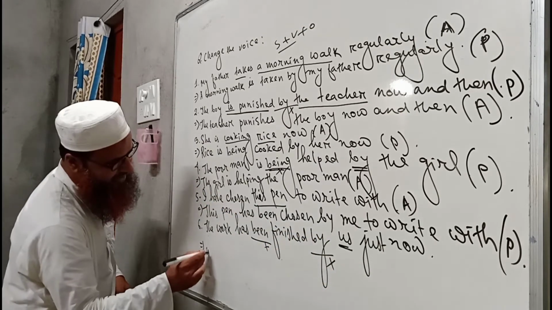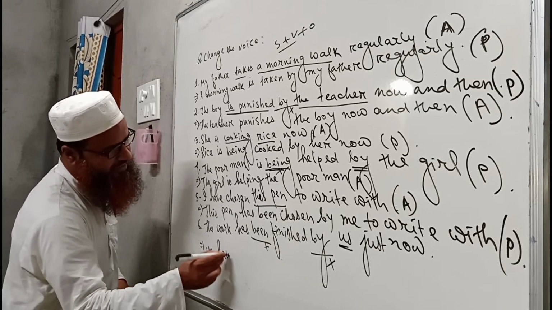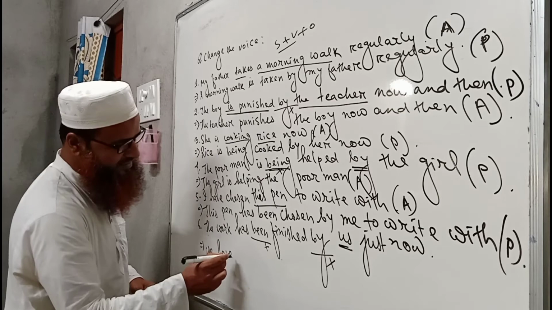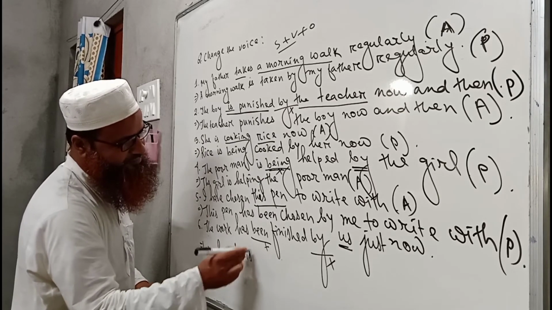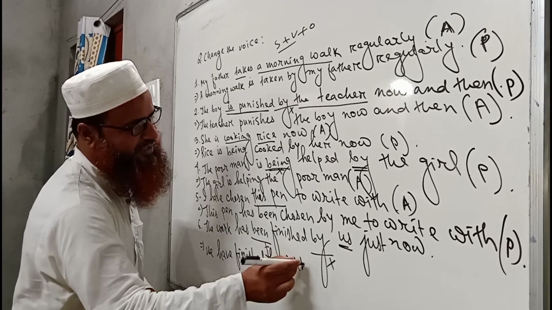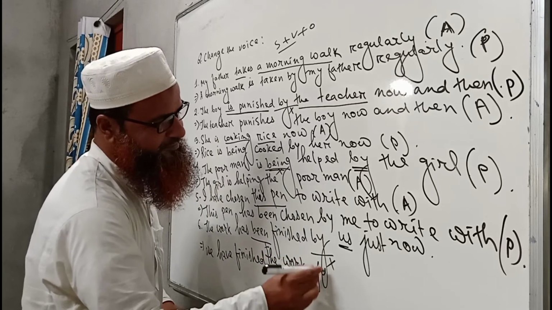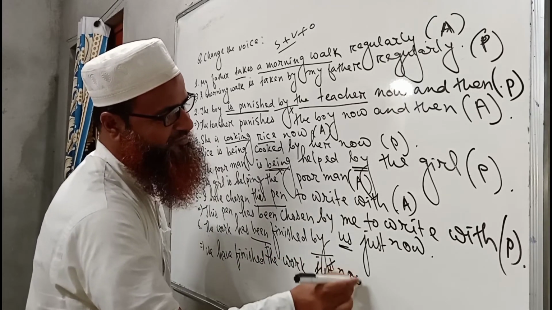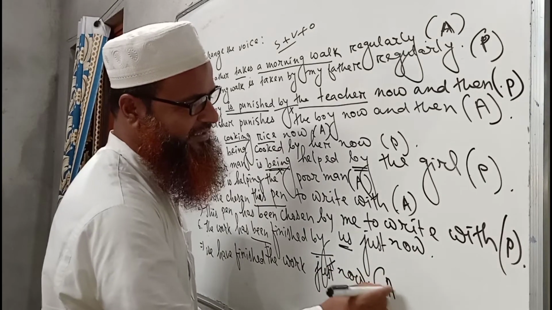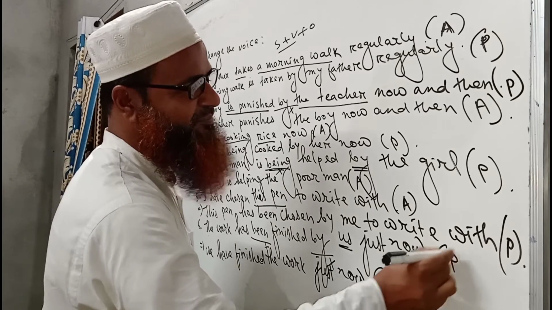It will be we only. We always take have with it. So we have finished the work just now. So this is the sentence of active voice, and this was the sentence of passive voice.